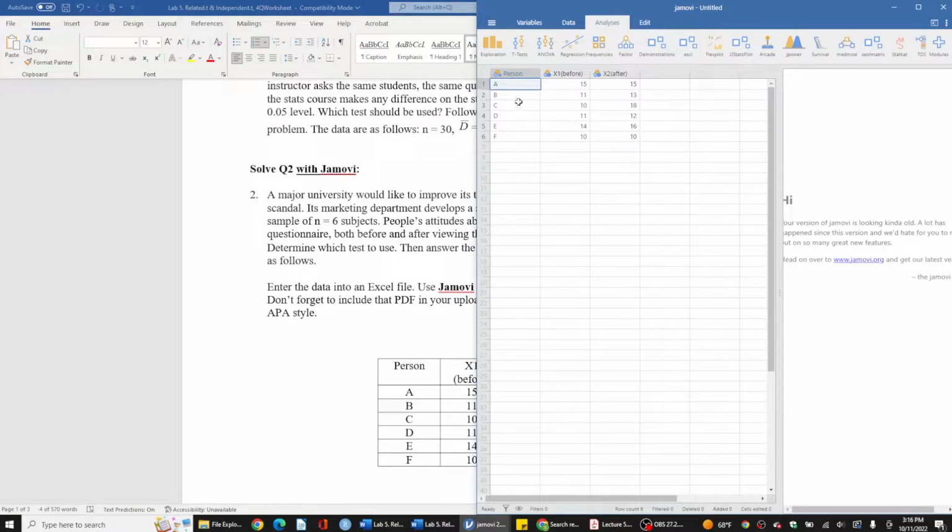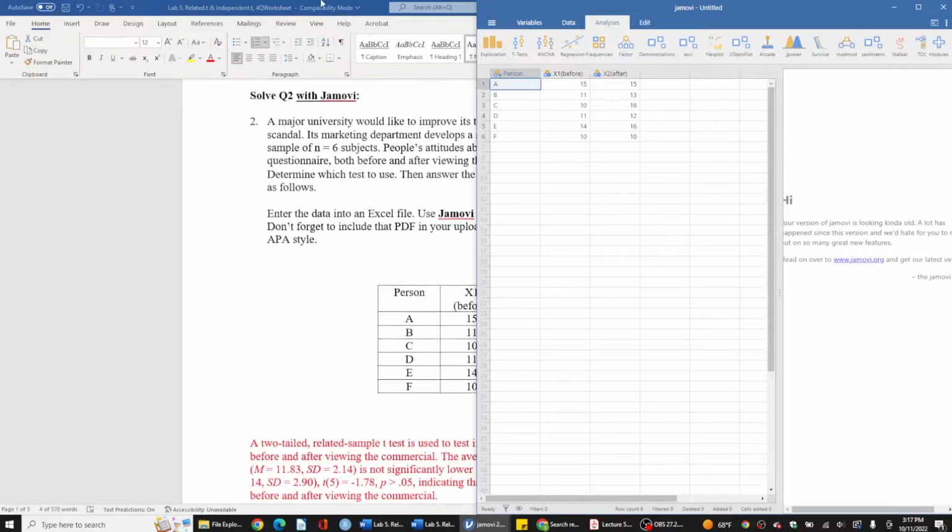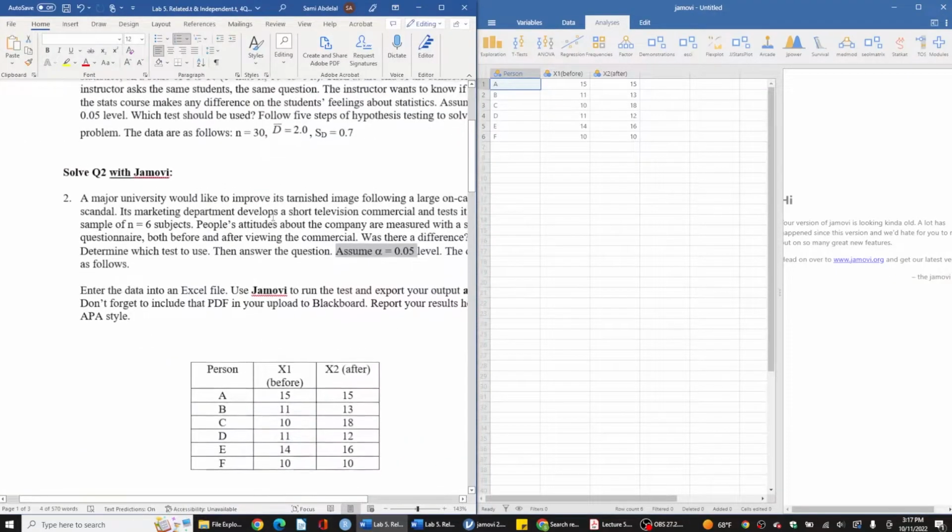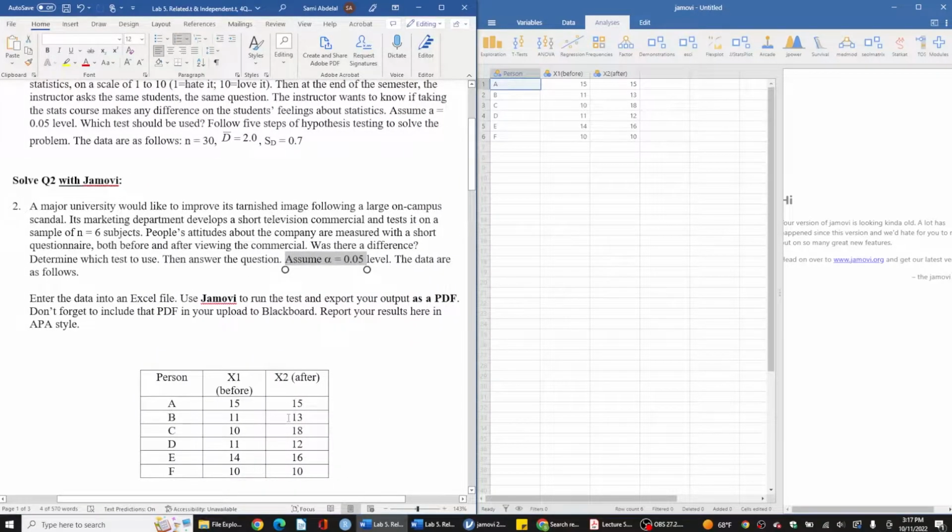So we've got this over here, right? And then we're doing a related sample t-test. So these are the same people. A is the same person, B is the same person, C is the same person, and so on. And then they got their scores before viewing the commercial and then after viewing the commercial.